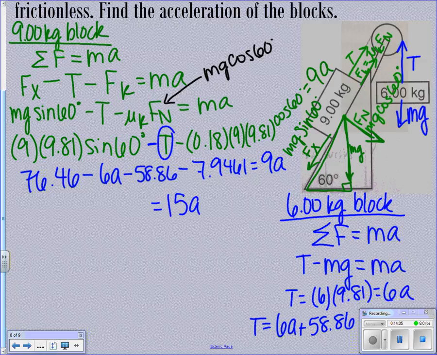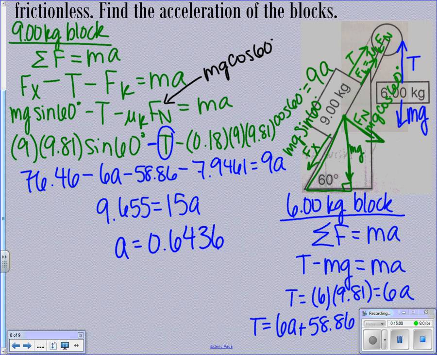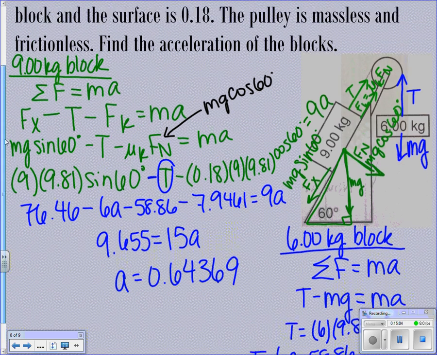Now we can add 6a to 9a to get 15a. And then if we combine the numbers on our left, we have 76.46 and minus the 58.86 and minus 7.9461. We get 9.655 and then it's some more decimals after that. And then divide by 15 and you end up getting that your acceleration is 0.6436.